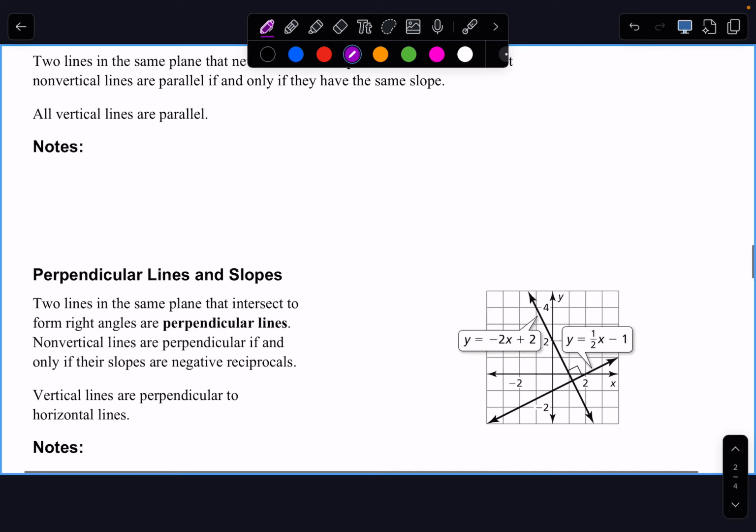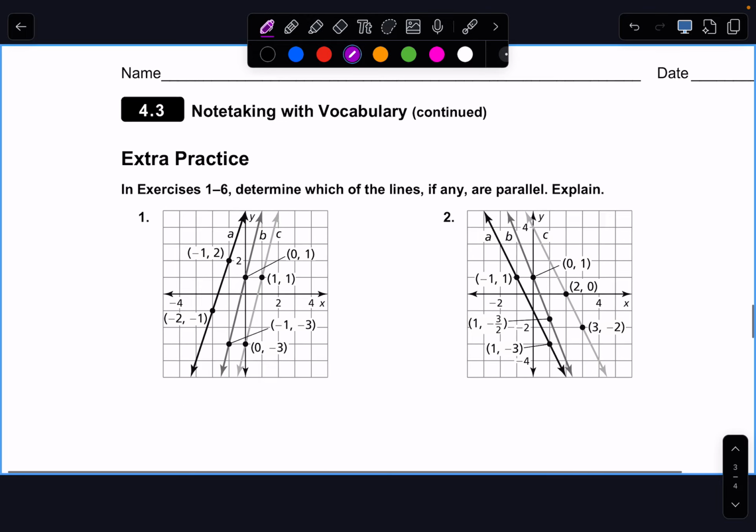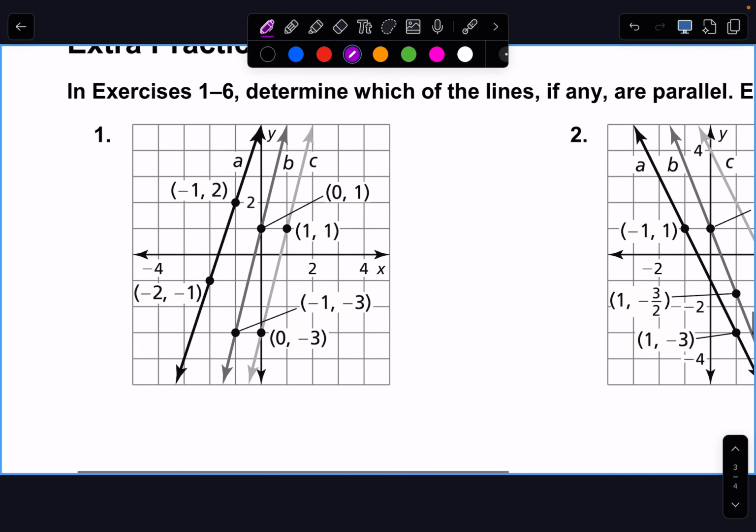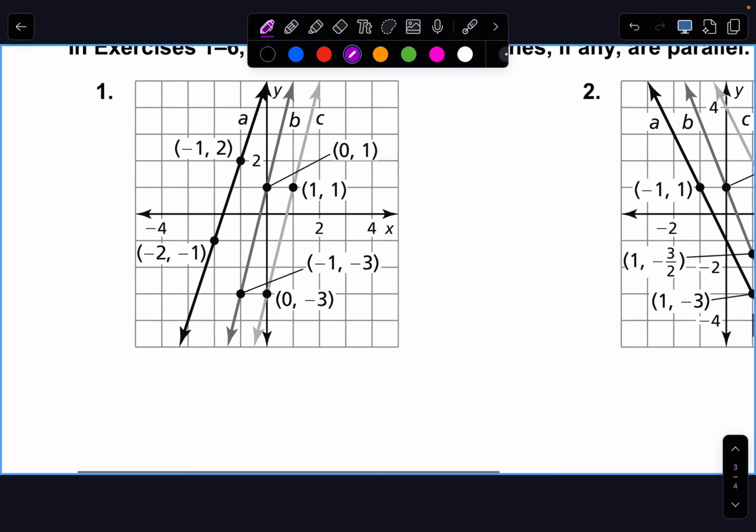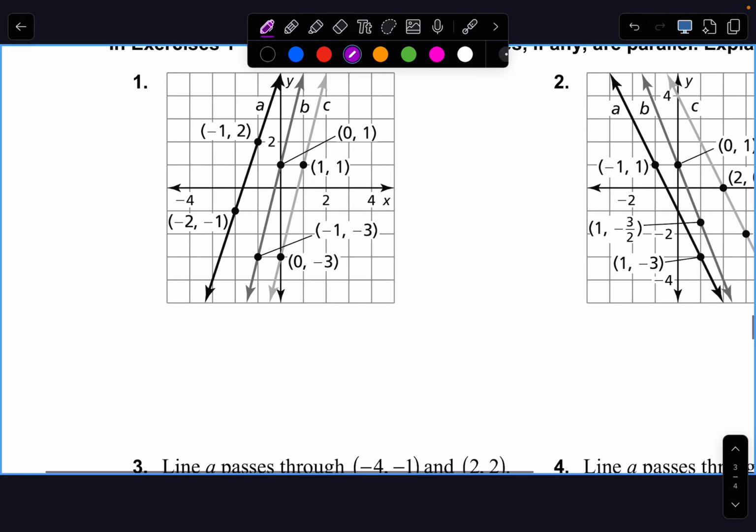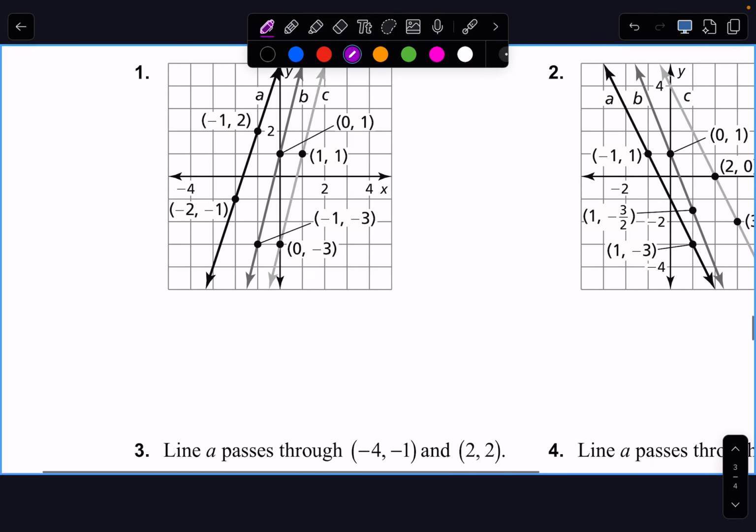What I'd like you to do is go to that next page, and in number 1, I would like you to determine the slope of each of these 3 lines. So like what I would do is, line A has a slope of, figure it out.